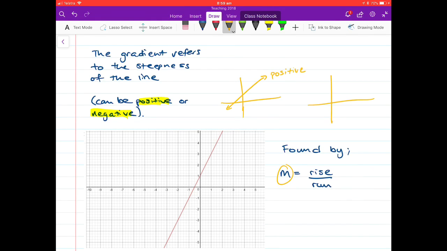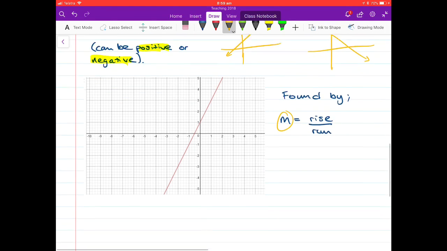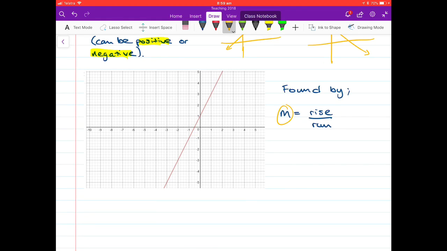If, however, we have a line traveling down this way or up that way, this will give us a negative gradient, so the m will be a negative value. Now, how we find m is by looking at our line, and we need to find 2 points on that line, because to find the gradient, we've got to take the rise between 2 points and divide that by the run of 2 points.